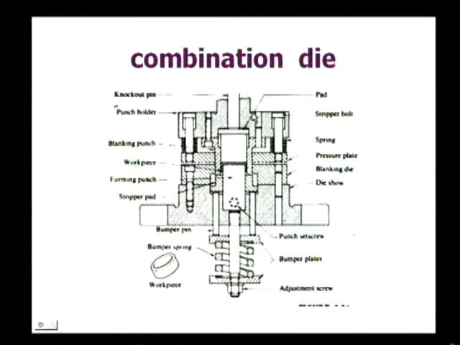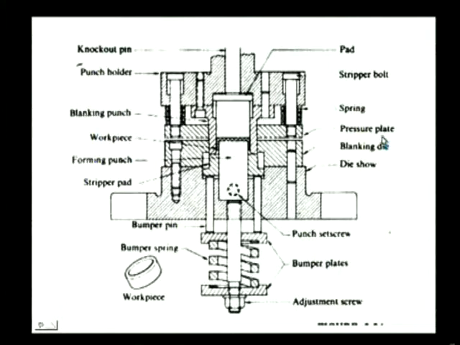All the other components can be seen. The punch, the die, and of course the forming die and forming punch, and the cutting die and cutting punch can also be seen here. This is the workpiece, and this is the knocking pin which knocks out the component. This is the stripper plate shown here, and the same enlarged view can be seen very clearly here.